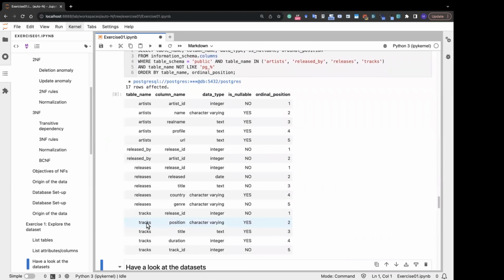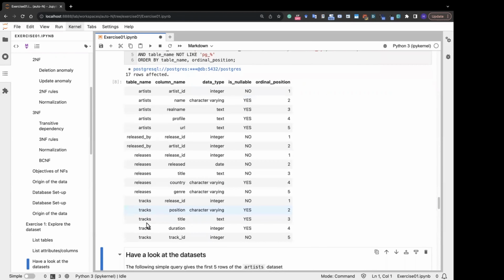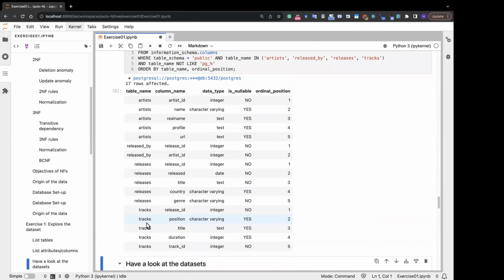We have artists, released by, releases, and tracks. This is the artist table. For the artist table, for example, we have the primary key, which is the artist ID. You have name, real name, a bunch of strings.